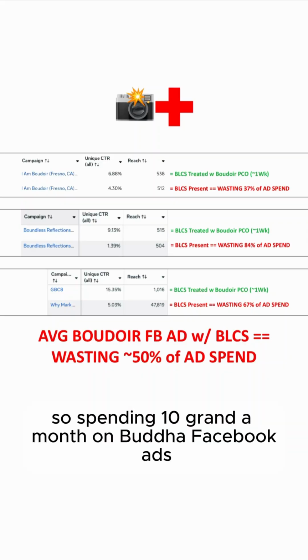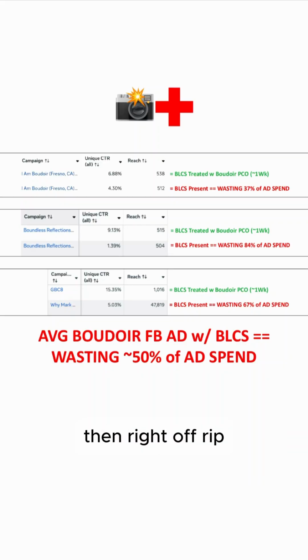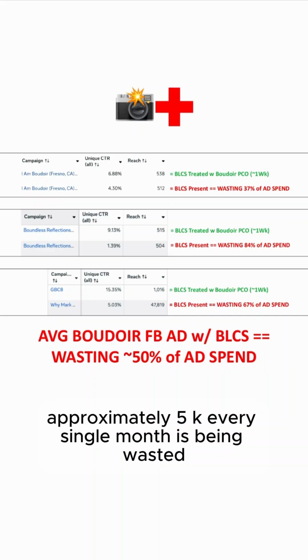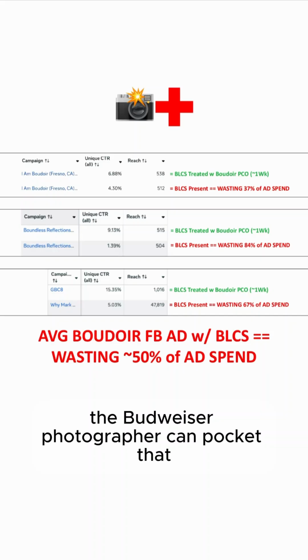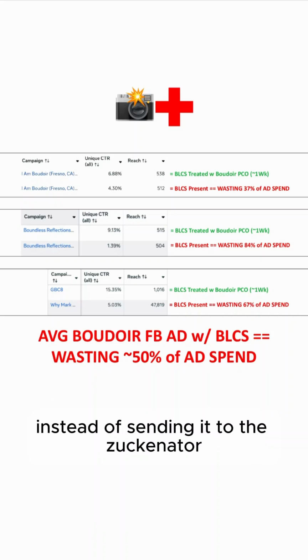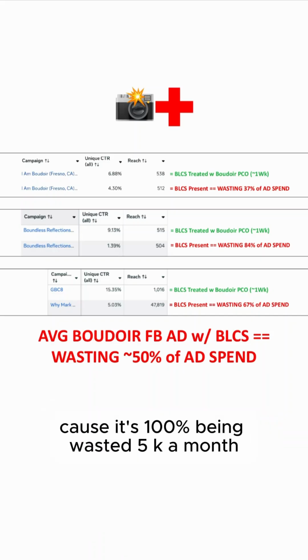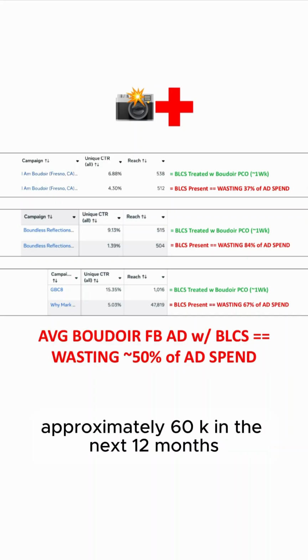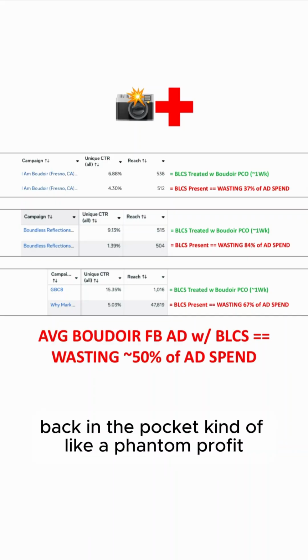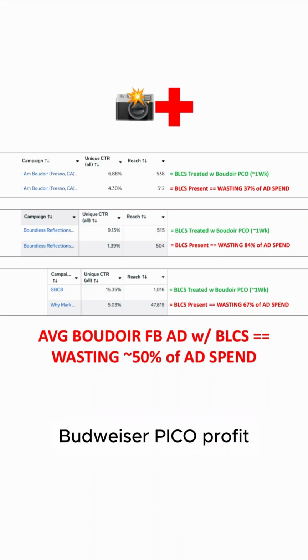So, spend 10 grand a month on Boudoir Facebook ads, then right off the bat, approximately 5K every single month is being wasted. And as a result, we can eliminate that. The Boudoir photographer can pocket that instead of sending it to the Zuckinator and getting zero out of it because it's 100% being wasted. Approximately 5K a month, approximately 60K in the next 12 months, back in the pocket, kind of like a phantom profit, Boudoir Pico profit.